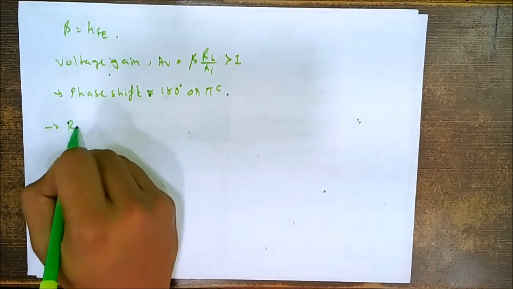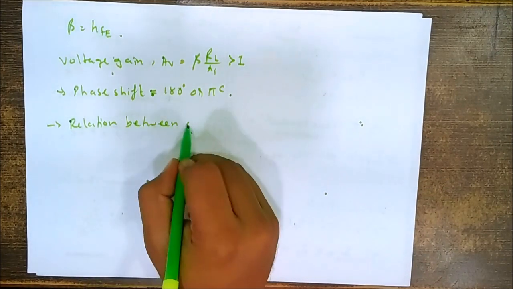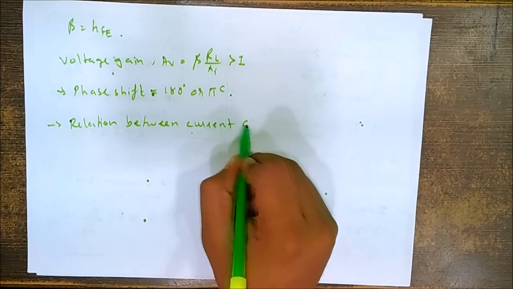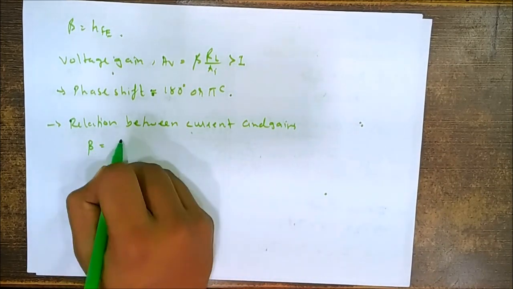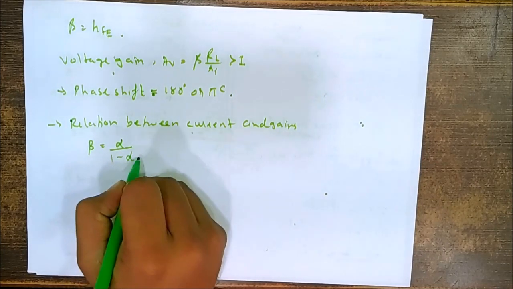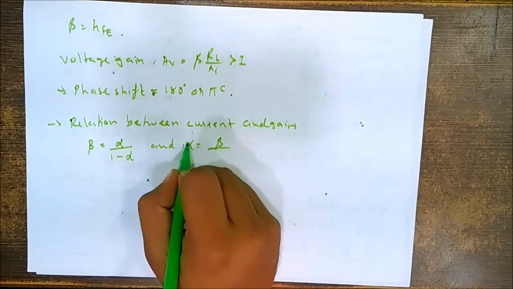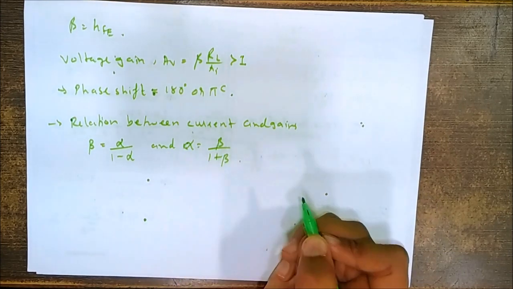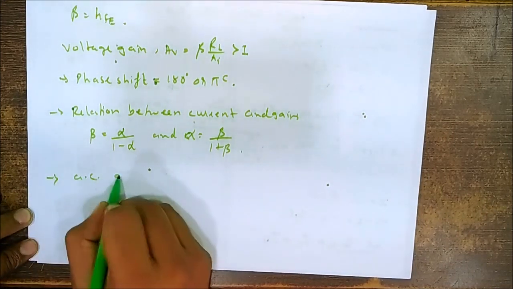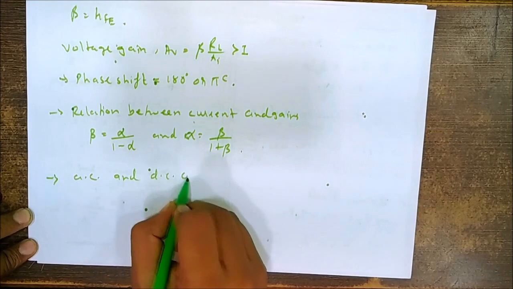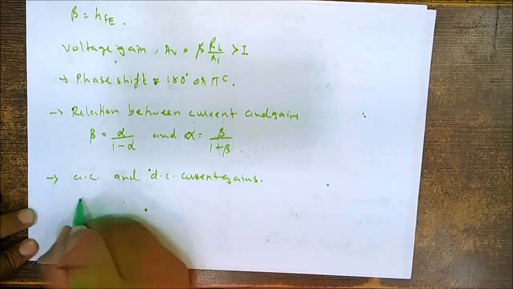Relation between current gains: beta is alpha upon 1 minus alpha, and alpha can also be given as beta upon 1 plus beta. So AC and DC current gains.